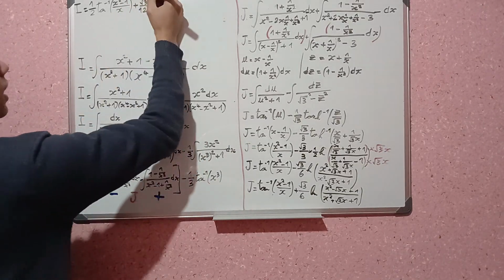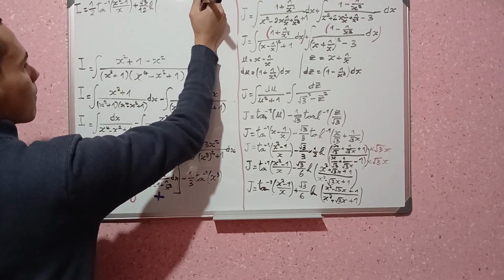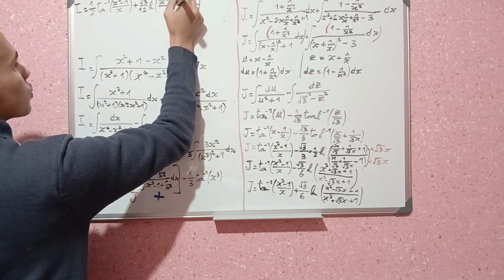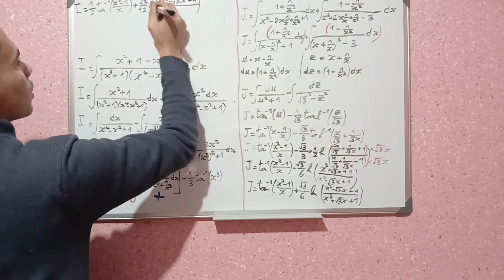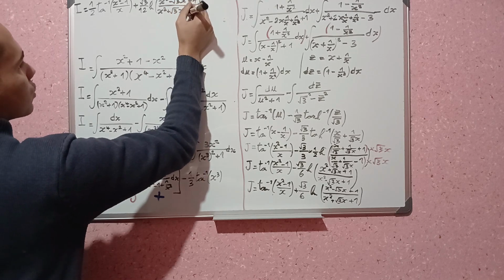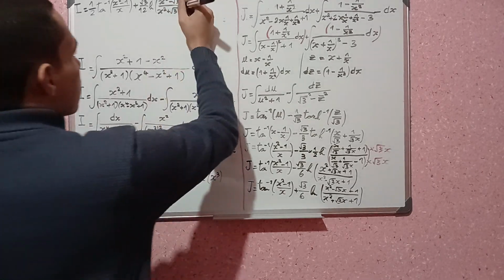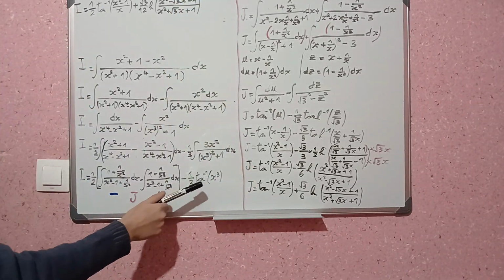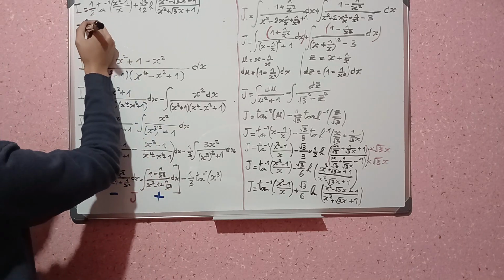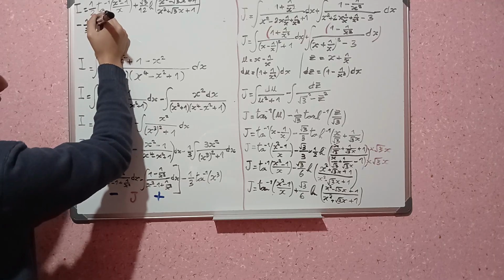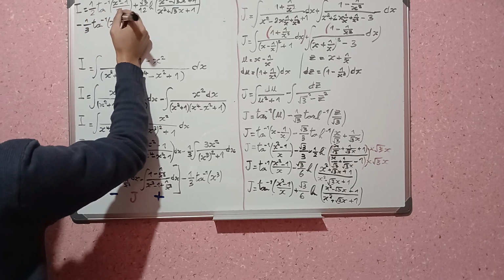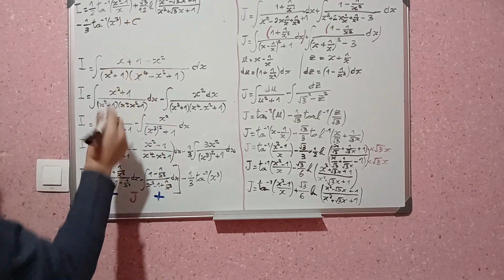Then we have the ln, logarithm, which will be x squared minus square root of 3x plus 1 over x squared plus square root of 3x plus 1. Then we do a minus for this, so it's minus 1 over 3 inverse tangent of x cubed plus 6. This is the full answer.